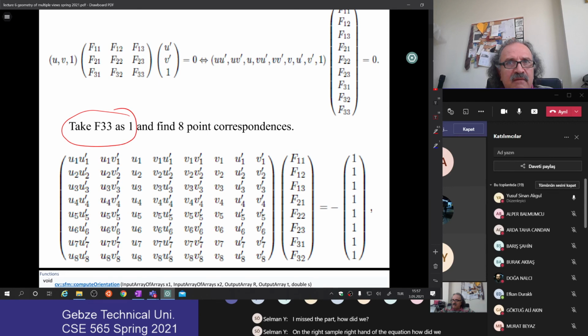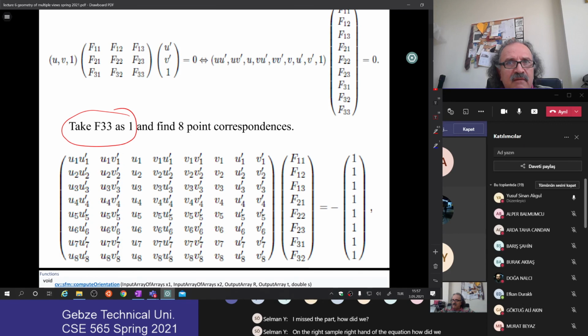And then from essential to fundamental, of course, you give the essential and you give these 2, and it will calculate the fundamental. That's it. And this one is interesting. Fundamental from projections. If I have two projection matrices, one for the left camera and one for the right camera, what is a projection matrix?